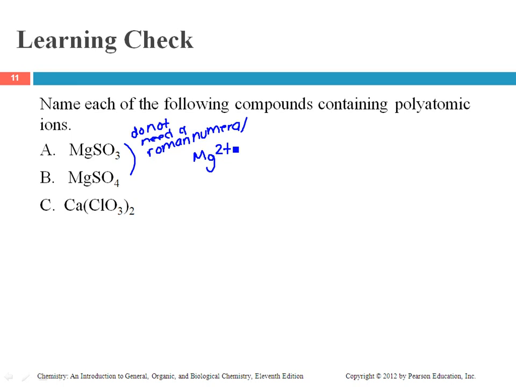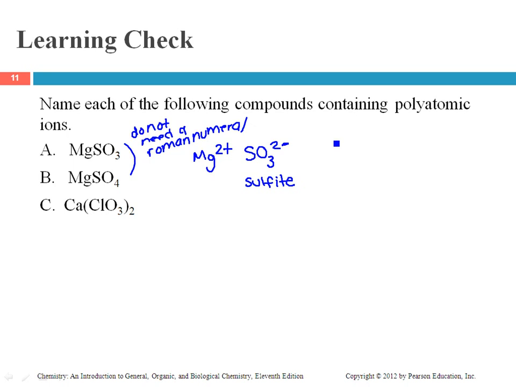Our polyatomic ion is SO3. We go to our chart and find SO3, and we see that SO3 has a 2- charge and is known as sulfite.